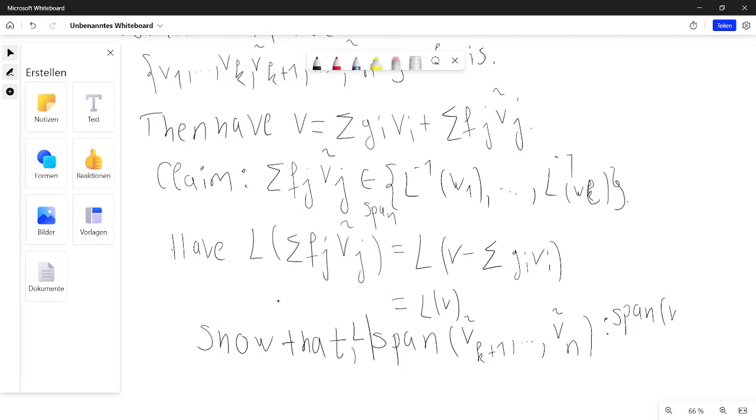It goes on the span of d tilde k plus 1 to d tilde n, and it goes into W as injective.